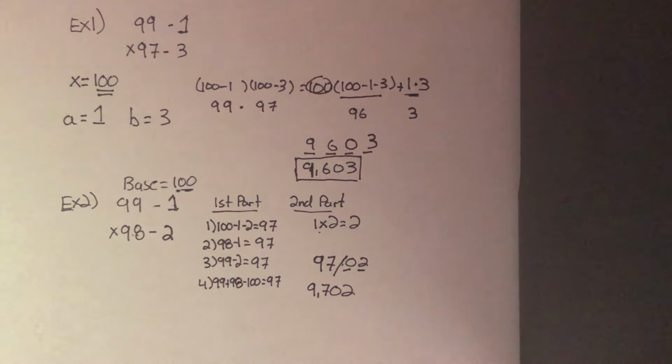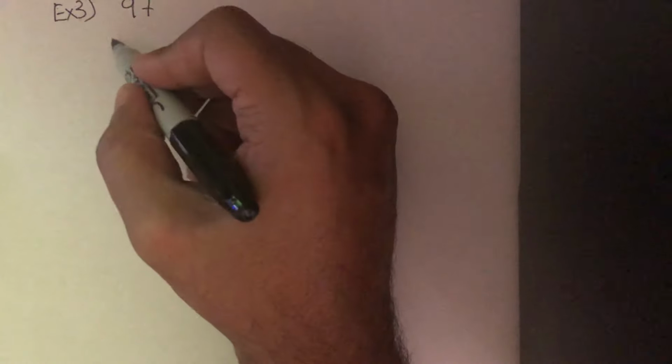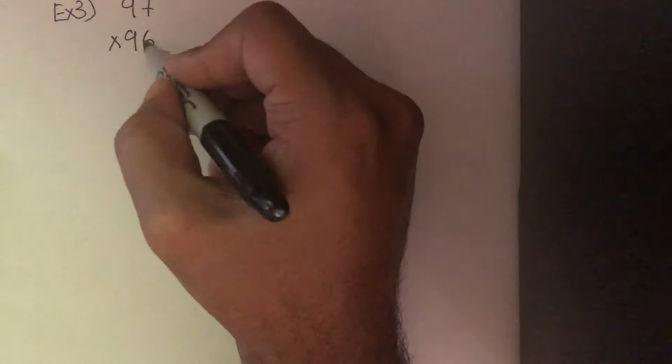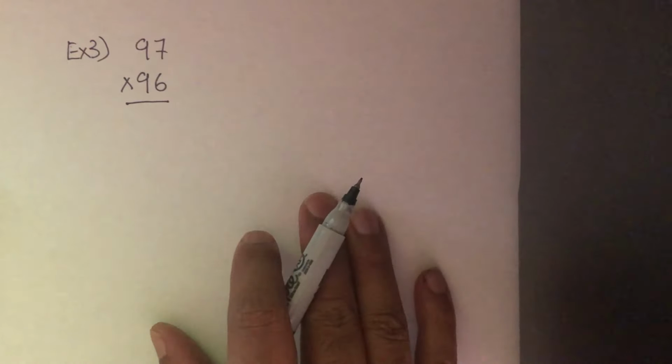Let's do some more examples. Okay, let's do this example right here. What's 97 times 96? Sorry about that. What's 97 times 96?